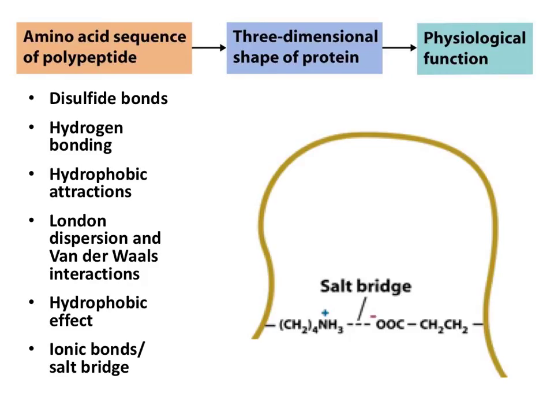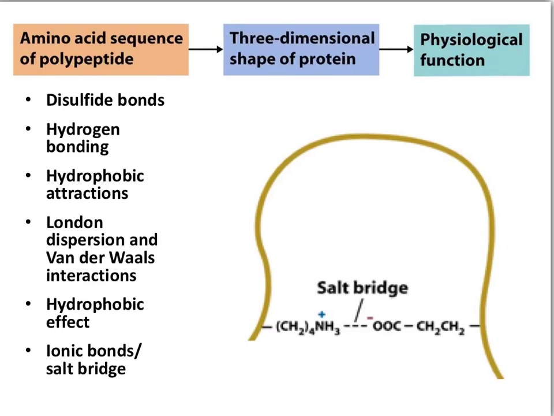Another type of non-covalent interaction important in protein structure is called a salt bridge, salt link, or ionic bond. This type of interaction takes place when amino acids that are positively charged at physiological pH, lysine, arginine, or histidine, are in proximity with either glutamate or aspartate.